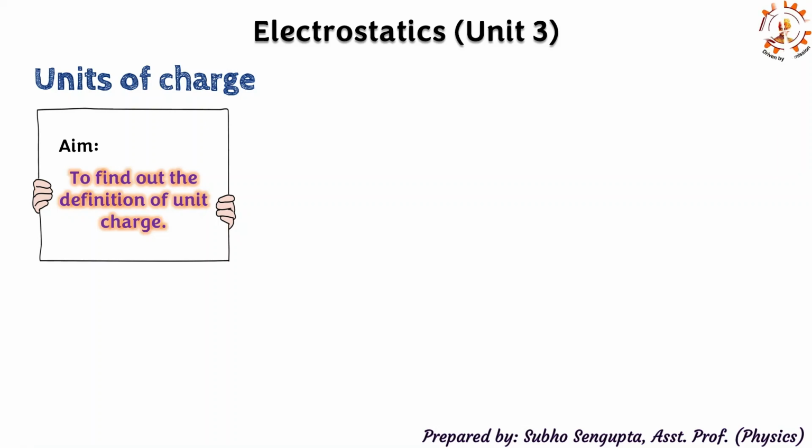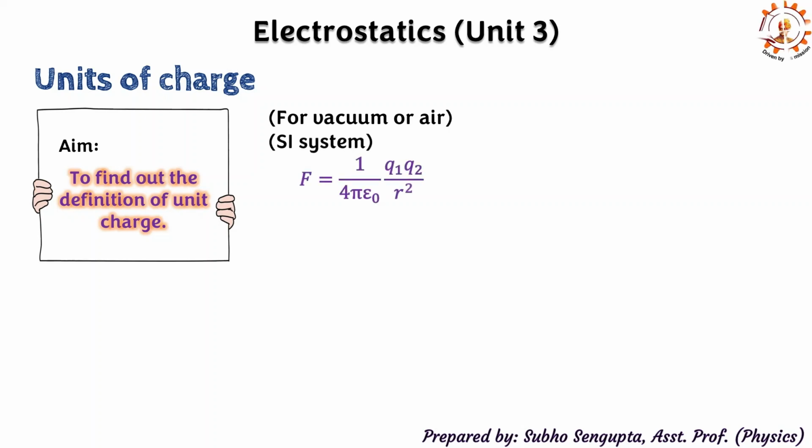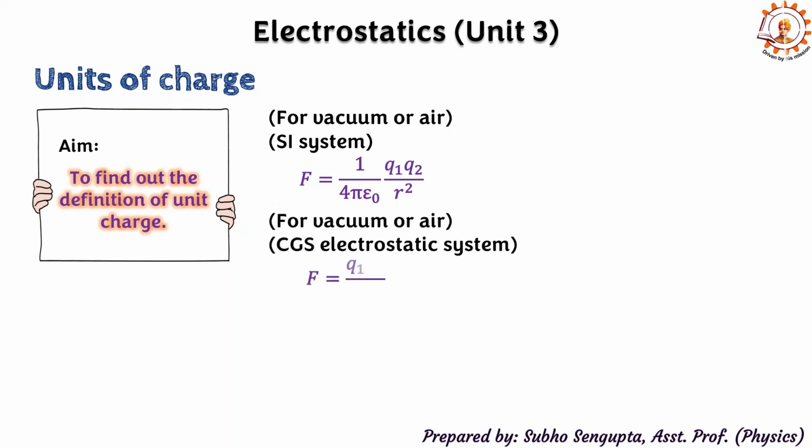We know that when the medium is vacuum or air, and the chosen system is SI, F is equal to 1 upon 4 pi epsilon 0 times Q1, Q2 upon R squared. If the chosen system is CGS electrostatic system, then for the same medium, we have F is equal to Q1, Q2 upon R squared.